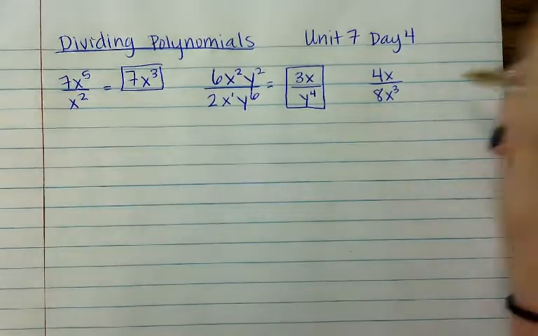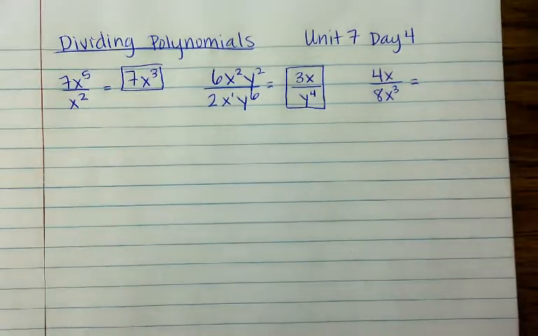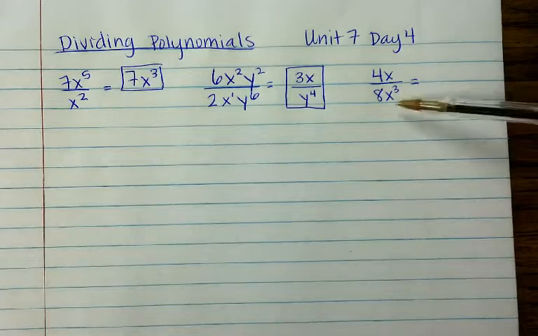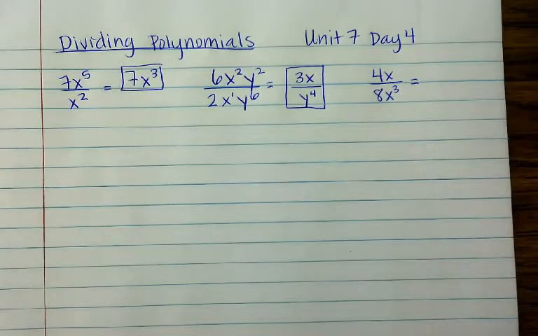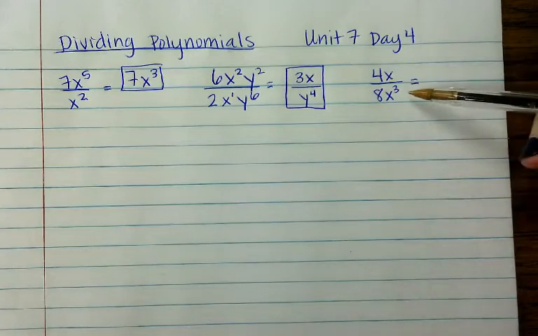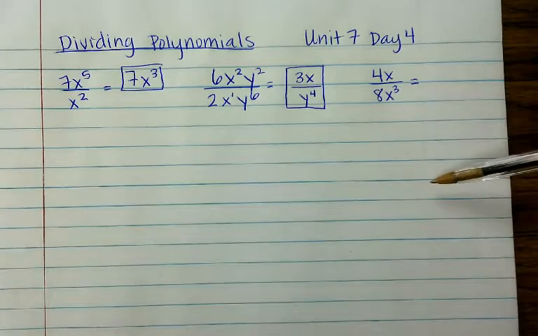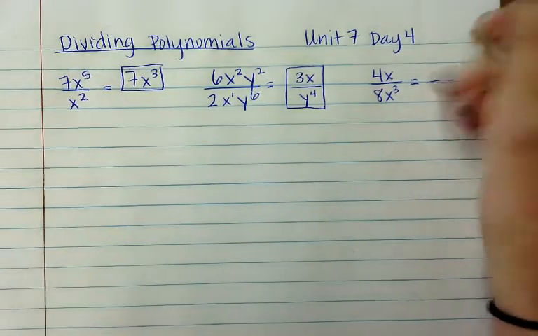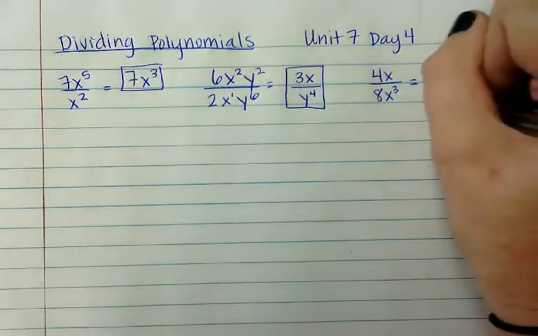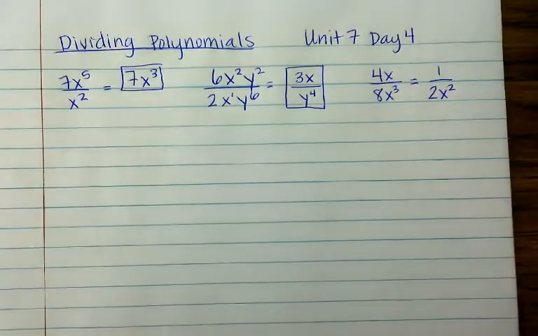And so how is that going to reduce for us? Does anybody want to tell me what that will give us? 4x over 8x cubed. All right, Jenny, you want to help me out? What's that going to be? 1 over 2x squared. Excellent job, Jenny.